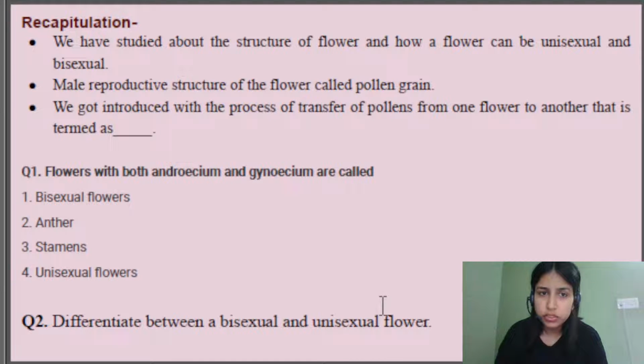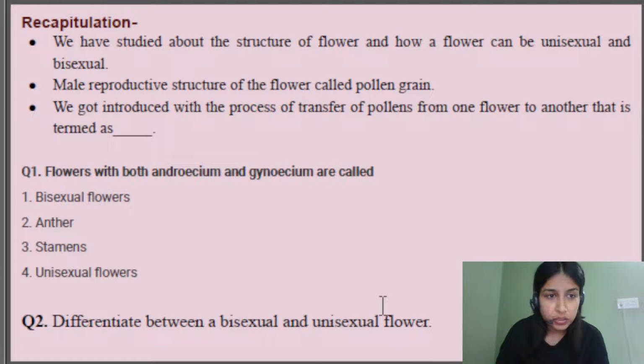We also got introduced to the process of transfer of pollen from one flower to another flower, and you will be answering what we call that process.